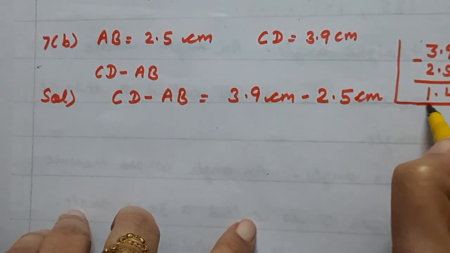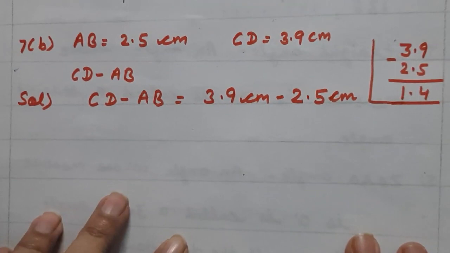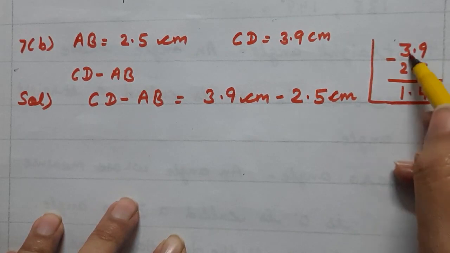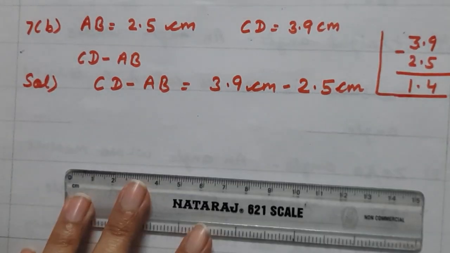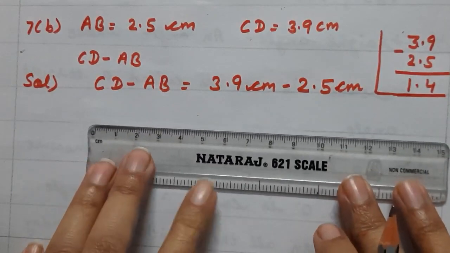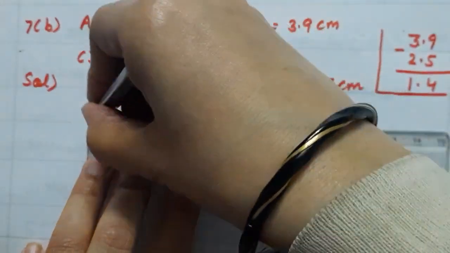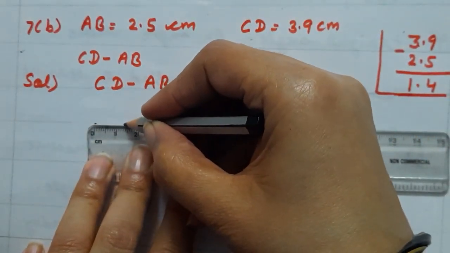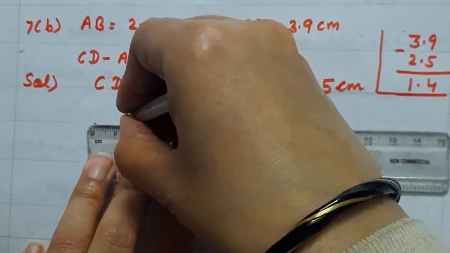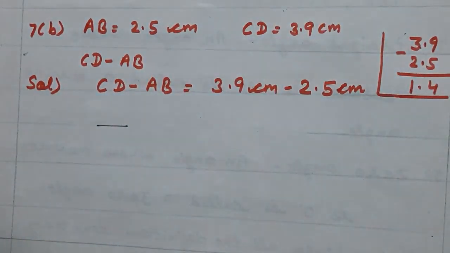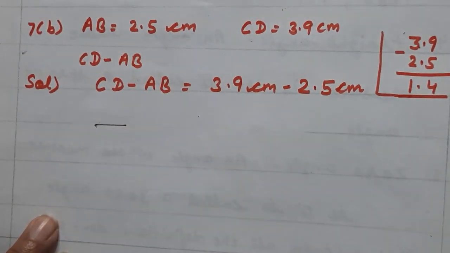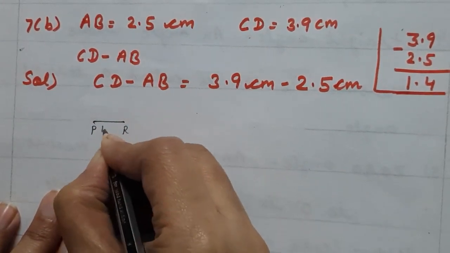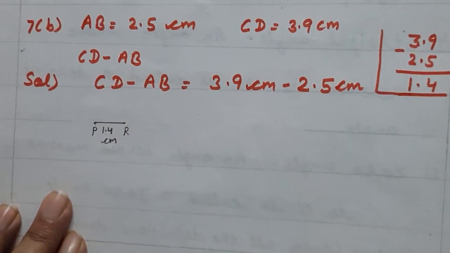It is your rough work. Now draw the line segment CD minus AB. That is 1.4. Very small line. After 1, 4 small divisions. This much. Okay. Naming is not given. You can write down any name. Measurement 1.4 centimeter.